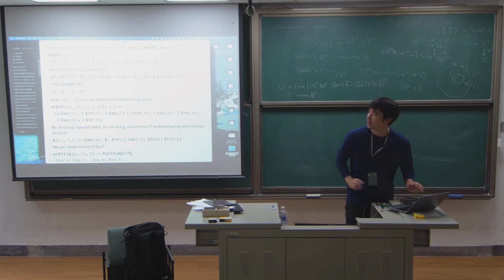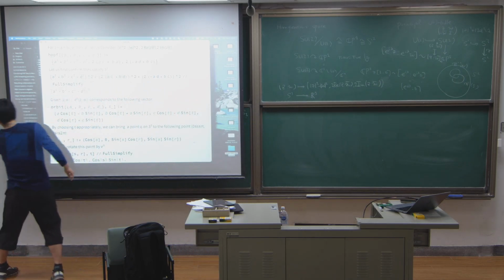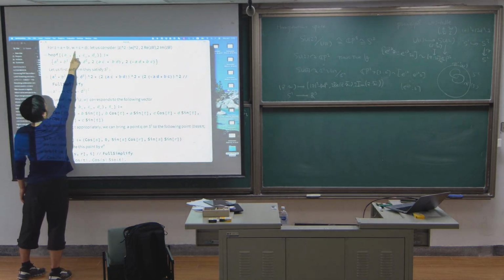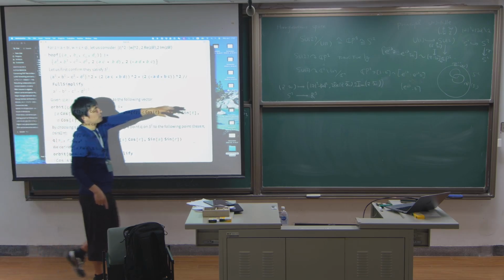You just write down here Z is equal to A plus Bi, W is equal to C plus Di, and then you just write down this map.